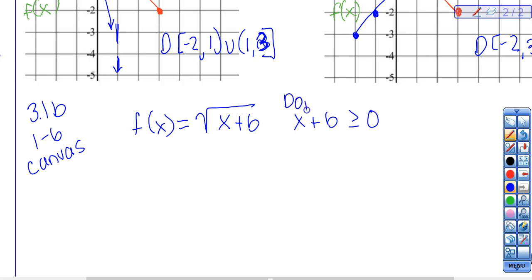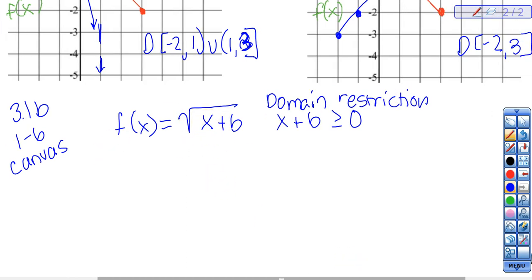Okay, so this is your domain restriction. And I think we should quickly just graph the parent function of the radical function so that you can just take your radical function, plot your points, and then shift them and replot the points so that it goes a little bit faster. I didn't put really complicated graphs on your assignment.